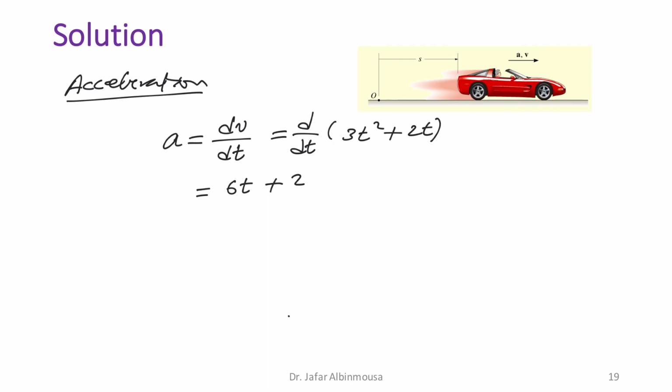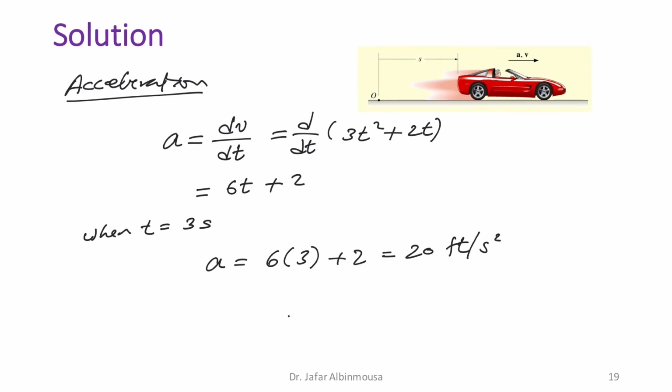It's a function of time. Now, when t is equal to 3 seconds, we will get the acceleration equals 6 multiplied by 3 plus 2, which is equal to 20 feet per second squared. And that's the end of the question.